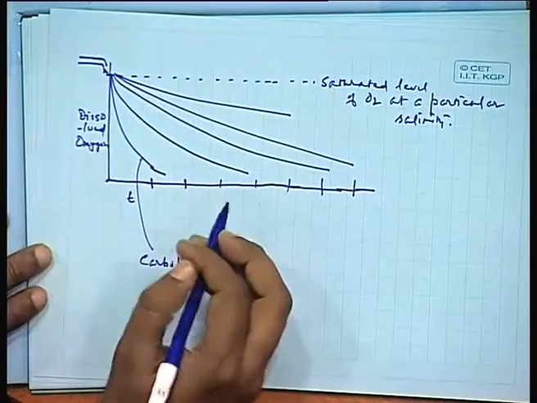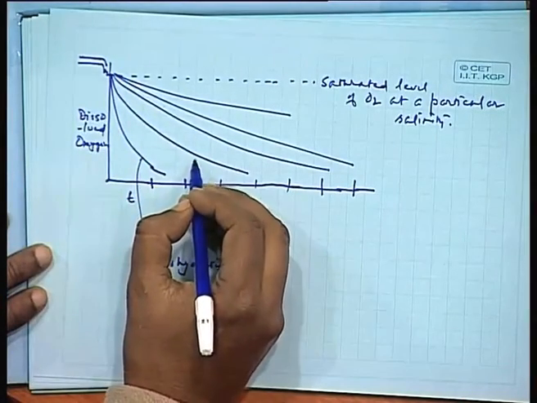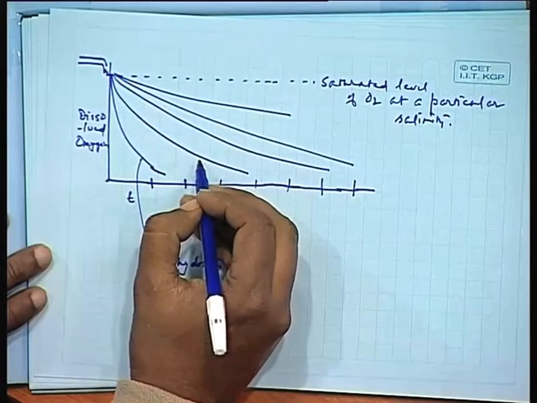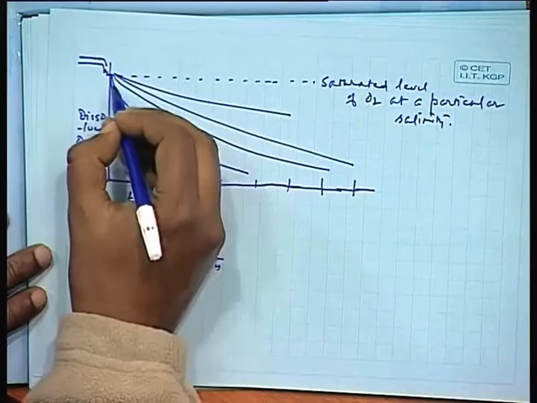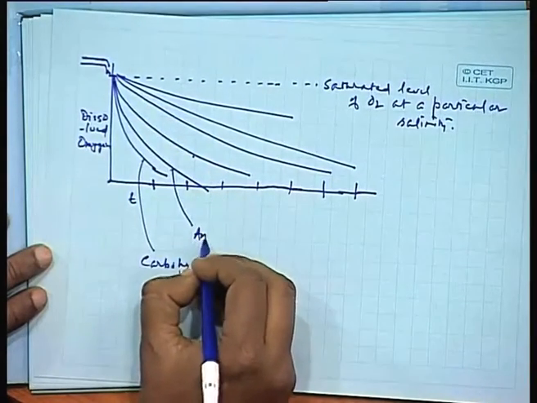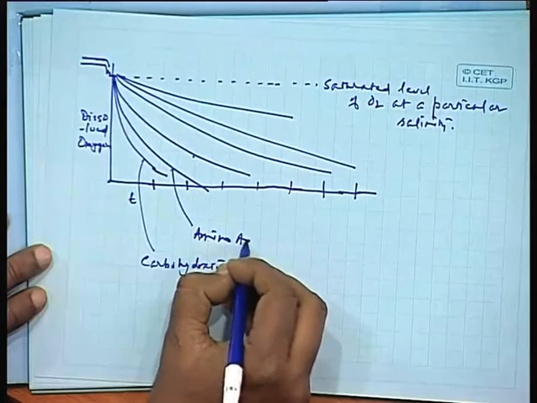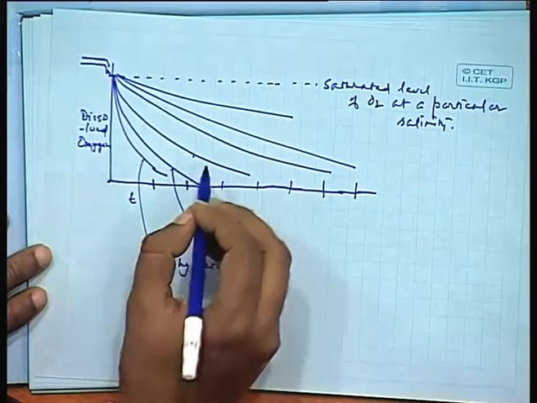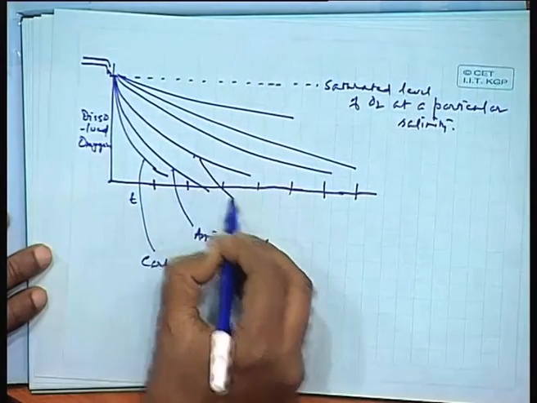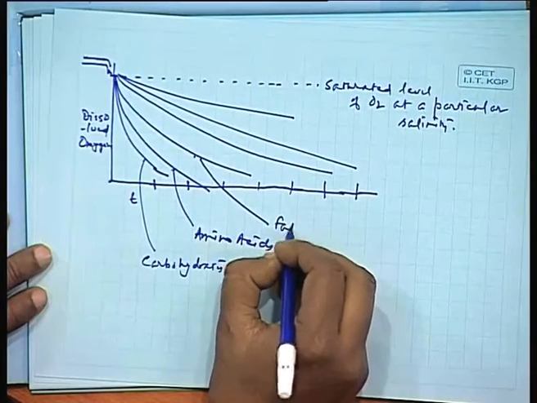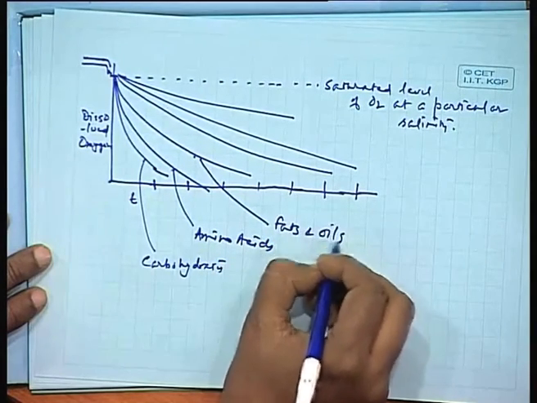This is just for comparison. This one would be amino acids. This one would be fats and oils.